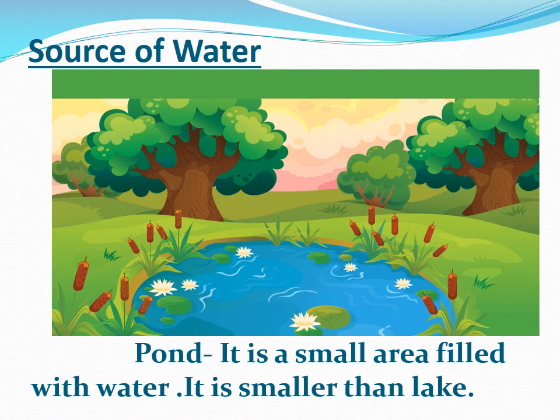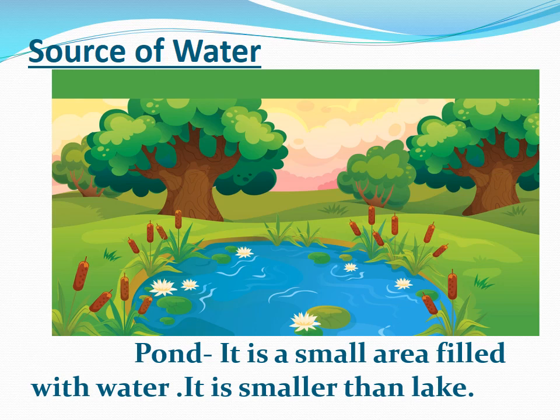This is a picture of a pond. The water in the pond is also an example of surface water. Its water also comes from rain. It is a small body of water that is not very deep. Sunlight can reach its deepest areas.